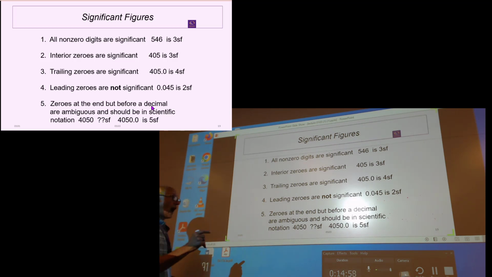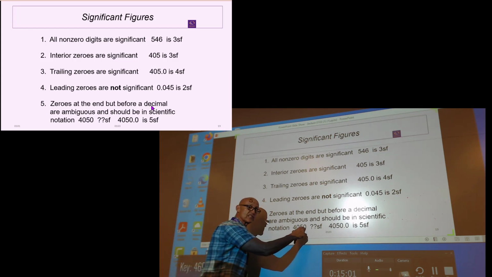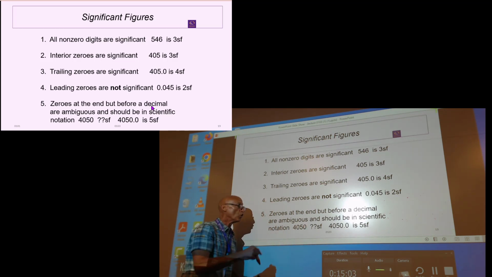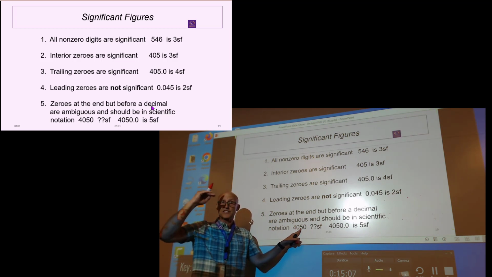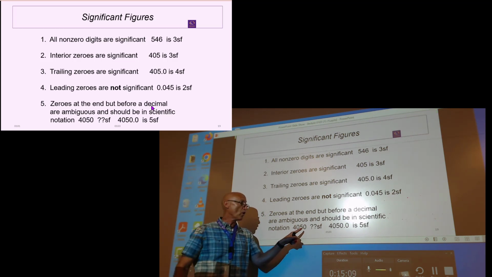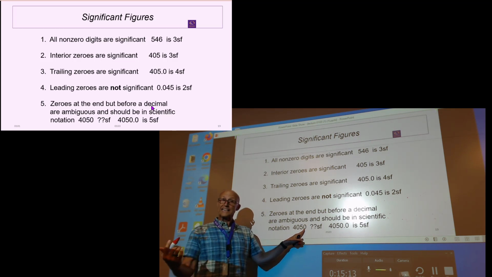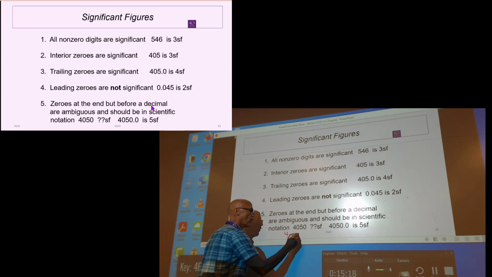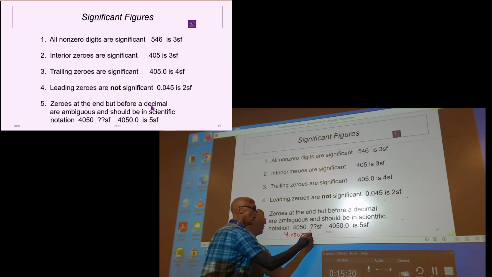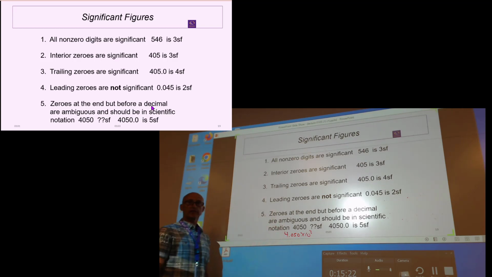So, I meant to leave that number there because this is where it varies. In other words, my tool measures to the tens. It literally has marks for 50, 60, 70, 80. So I wrote one more digit to show that it's that good. But I need that. So what I do is go 4.050 times 10 to the 3, and boom, I've got 4 significant figures.